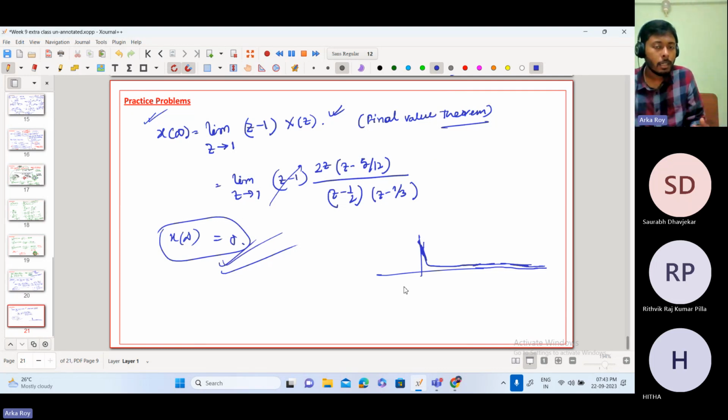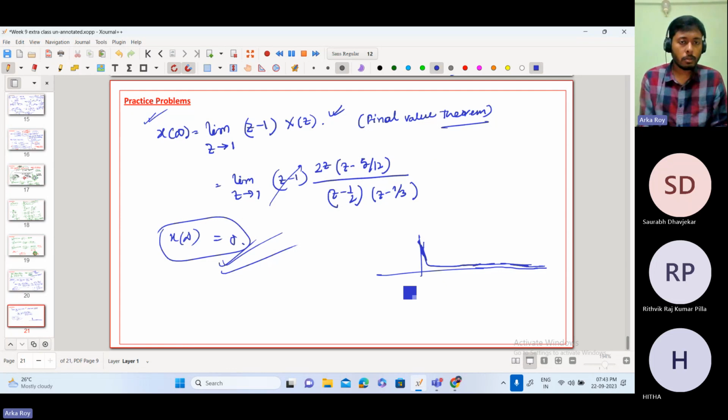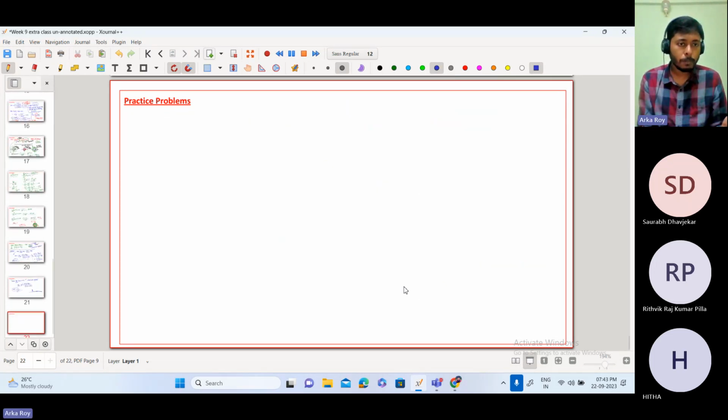That is just an intuition part. You can use these intuitions later also if you want to explore DSP a bit more. But as far as problems are concerned, let me go to the next problem. So let me see. Next problem.